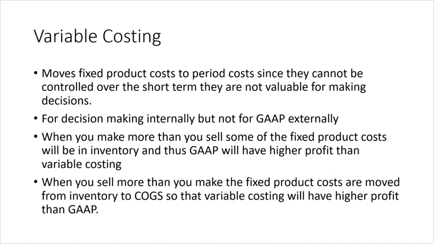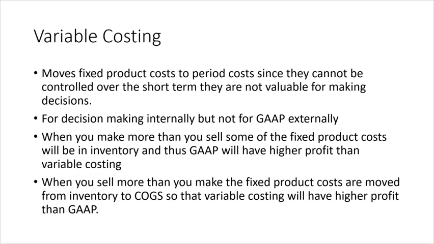Now, a concept in your textbook: variable costing as an internal decision tool. This is really taking the whole concept of the contribution margin format an extra step. It basically says fixed product costs, because they are fixed, can't really be controlled, so we're going to move them and treat them as period costs.